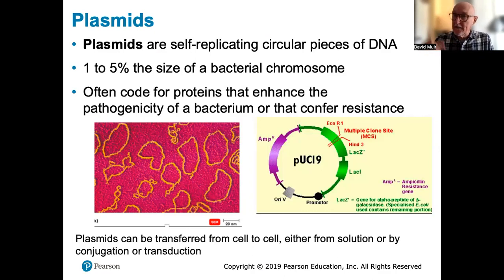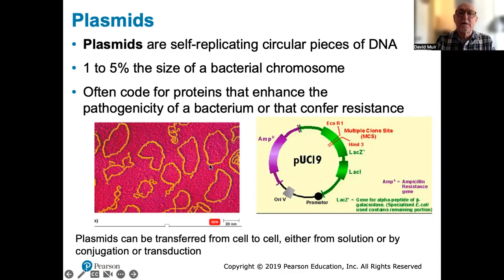They can replicate themselves. Sometimes it's tied to the replication cycle of the cell, but other times it's not. And the plasmids replicate totally independently of the rest of the genome. They're very small, only about 1.5% of the size of the chromosome, but they often contain extremely useful information.